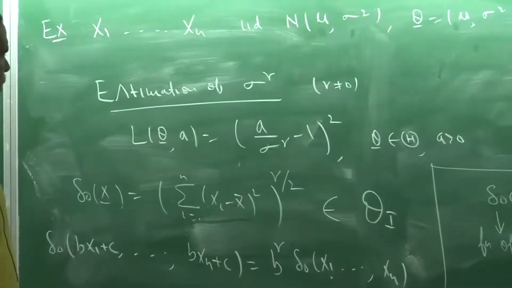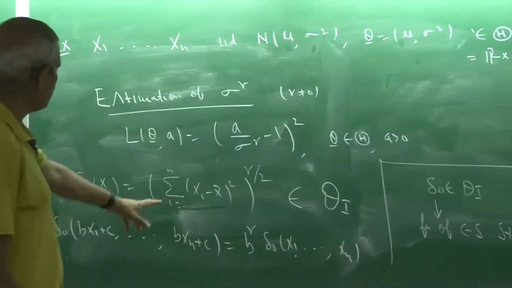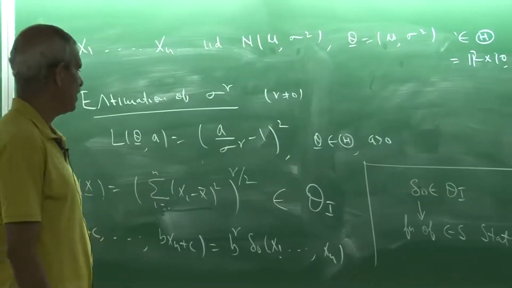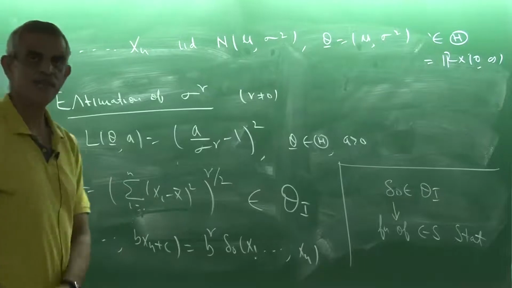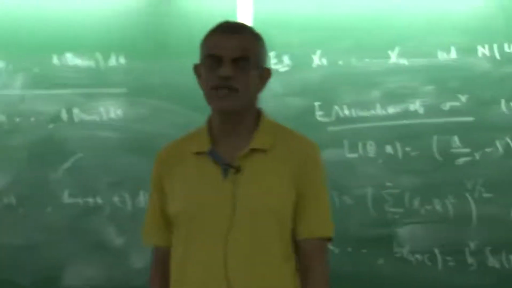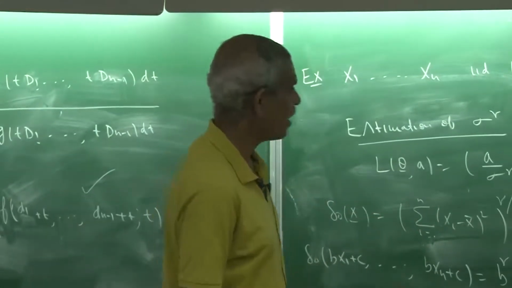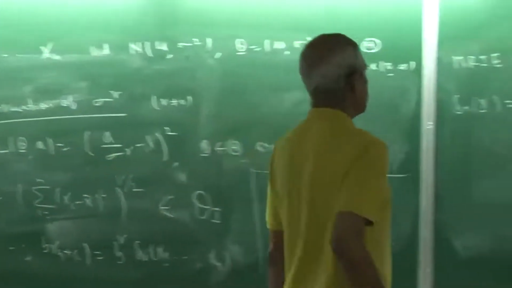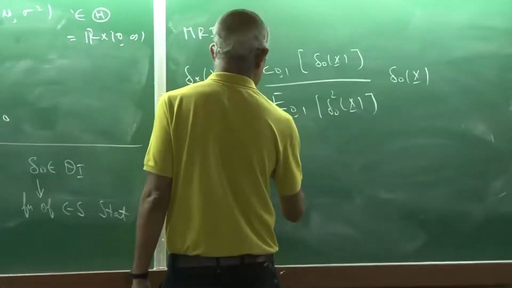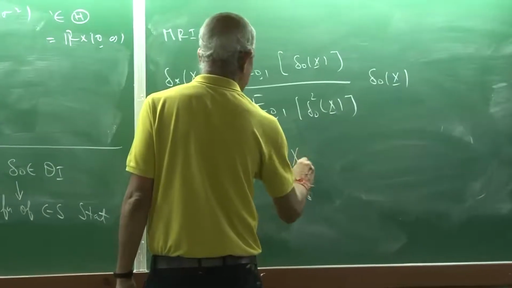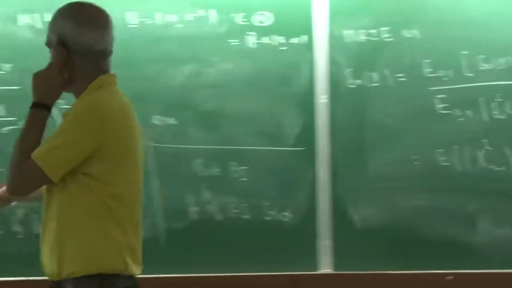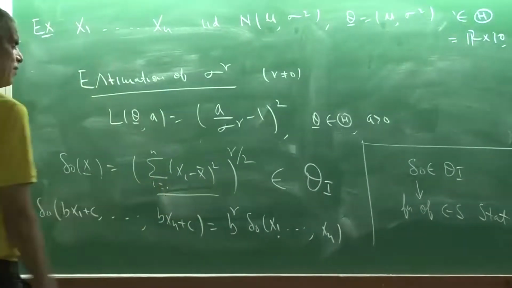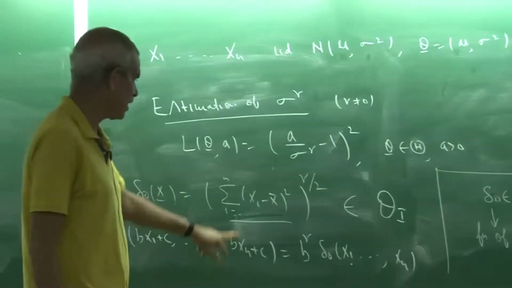Now note that summation xi minus x bar whole square is chi square on n minus 1. So that means delta naught x is nothing but chi square n minus 1 to power r by 2. So this is the same as E01 expected value of chi square on n minus 1, because under mu equal to 0 and variance 1, summation xi minus x bar whole square is chi square on n minus 1.